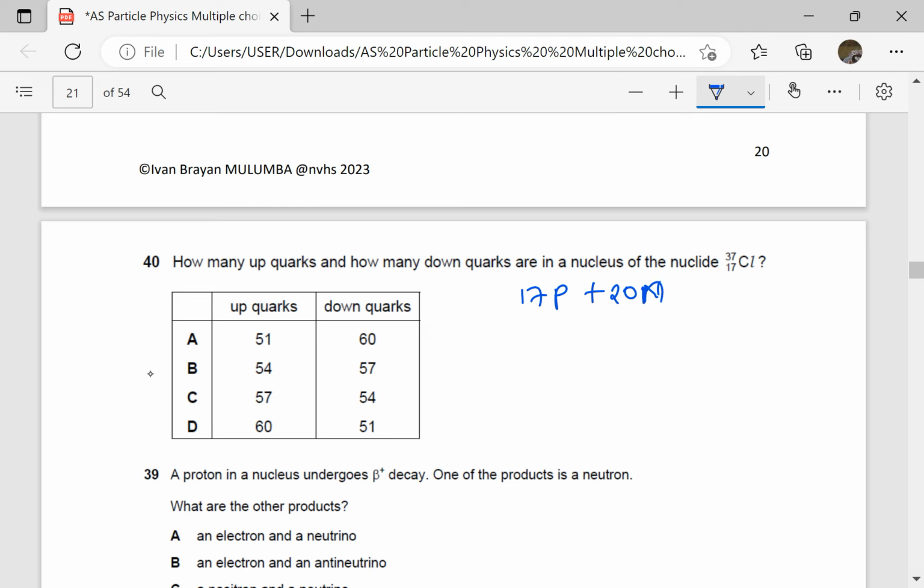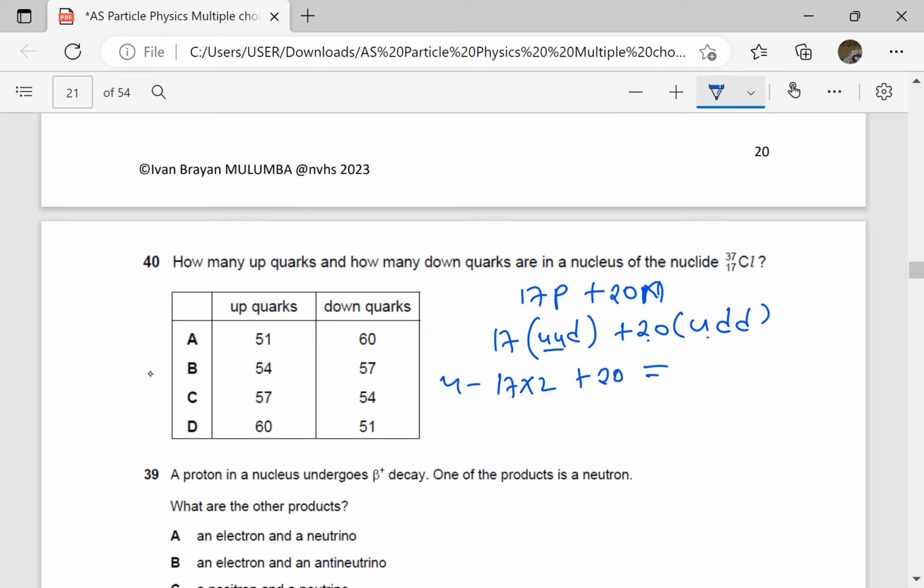The quarks in protons are up, up, down. And for neutrons, we have 20 of up, down, down. So total up quarks is going to be 17 times 2, because there are 2 here, plus 20 times 1.